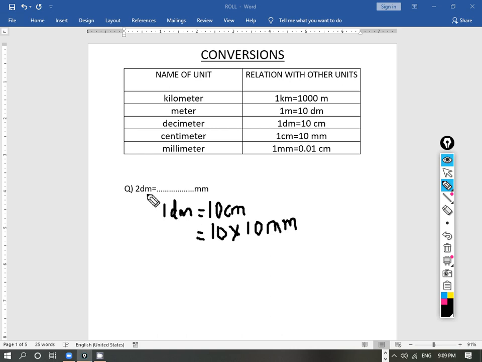Now we have to convert 2 decimeter into how many millimeters. So obviously we will multiply this by 2.